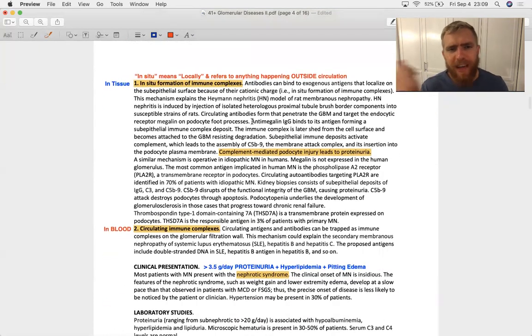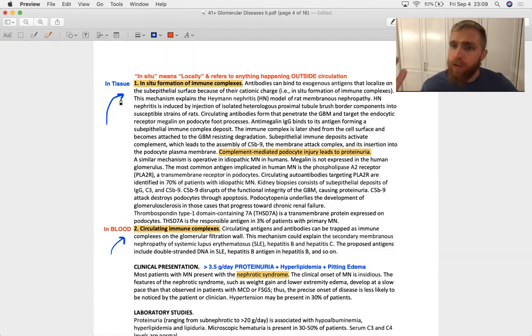So we said it's a type 3 hypersensitivity, and immune complexes can form in the bloodstream. That's the circulating immune complexes, example number 2 right there. Or they can form in situ, which means in tissue or locally. If they form in the tissue, then because these antigens are IgG typically, they're going to activate complement, and complement is going to swarm to the area and do some damage to podocytes.